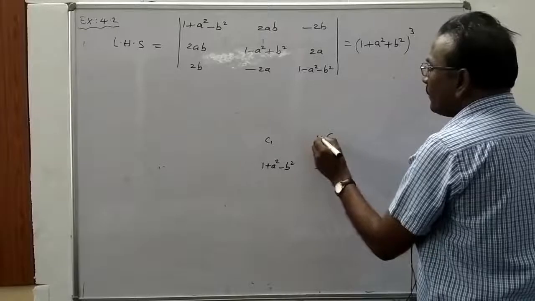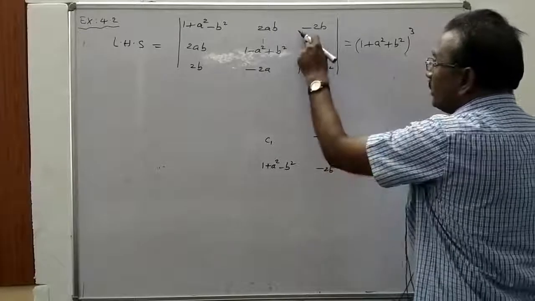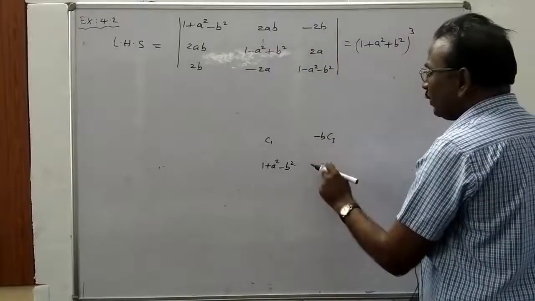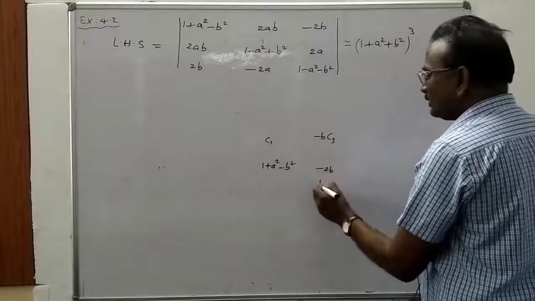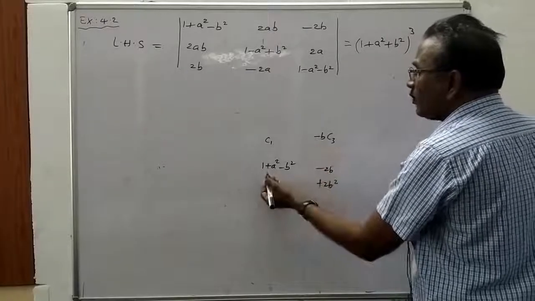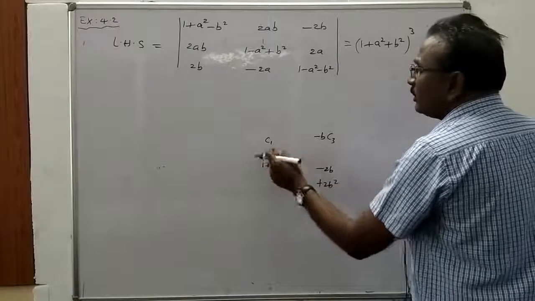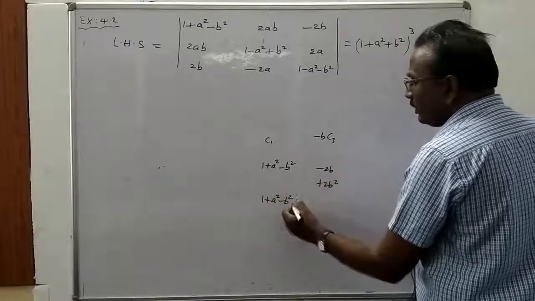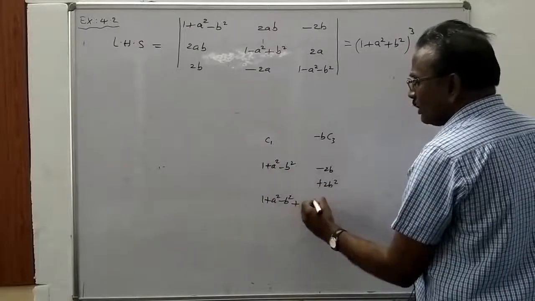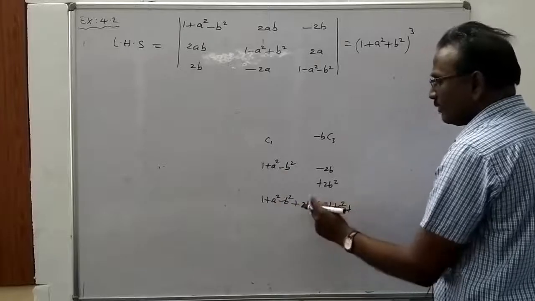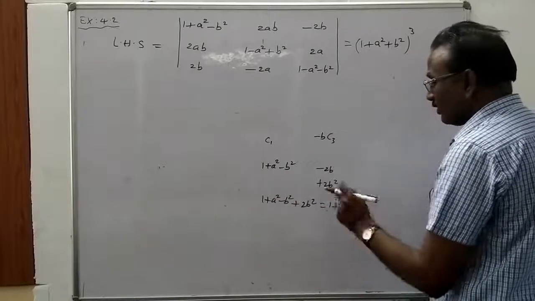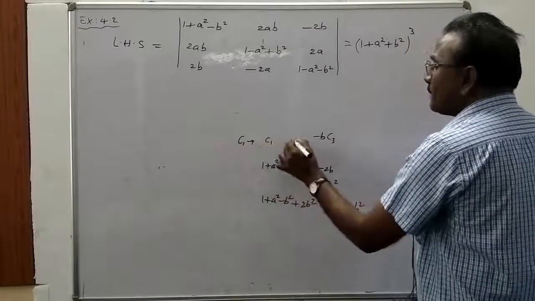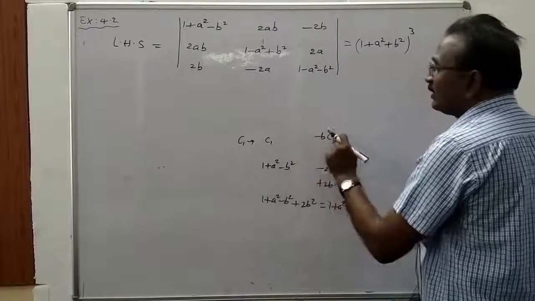Suppose if we multiply minus b for column 3 element, so minus b into column 3 element minus 2b, minus b into minus 2b is plus 2b square, add this to column 1 element, that is 1 plus a square minus b square, add this element for column 1 element, so 2b square, so that is 1 plus a square plus 2b square minus b square is b square. We get the common factor 1 plus a square plus b square. Therefore apply the property. Here c1 changes to c1 minus b times of c3.